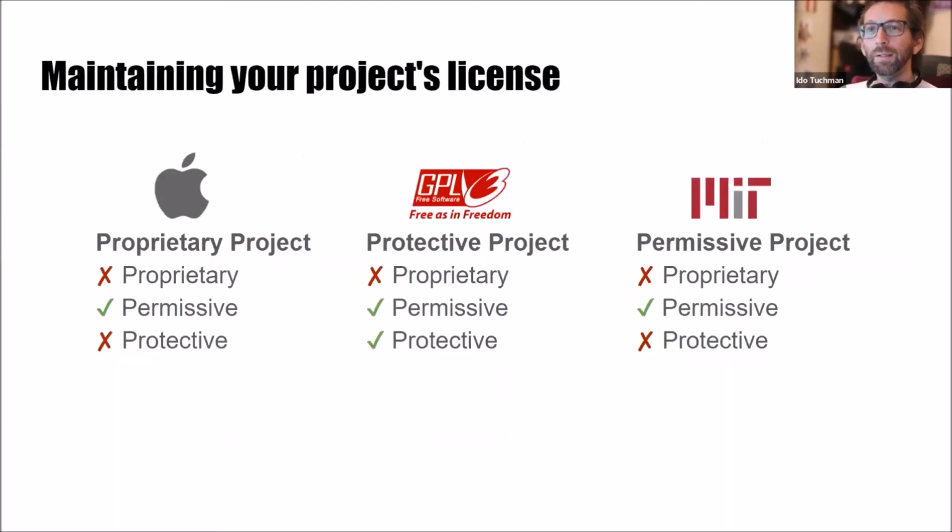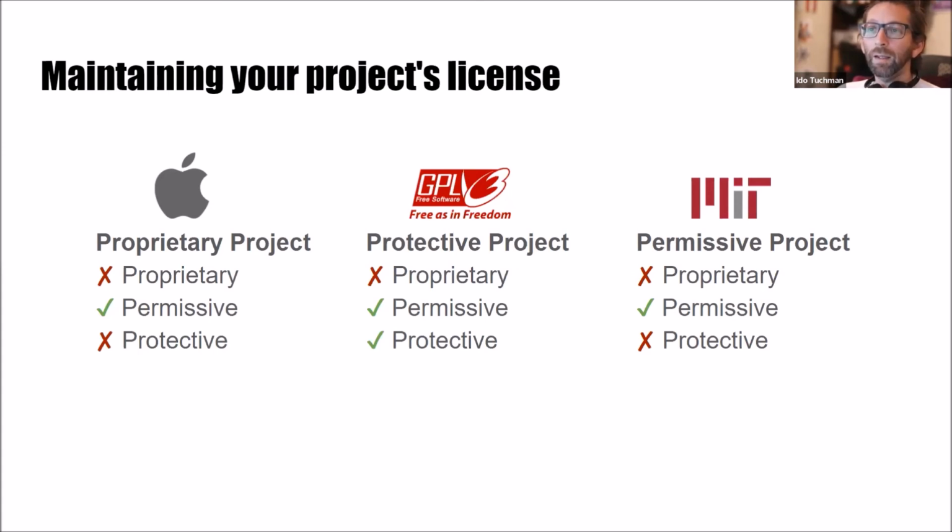If you wanted to maintain your product's license, then first, don't use proprietary code. If your project is proprietary, then generally you can use permissive licenses, but not protective licenses or copyleft licenses. If you want to maintain your project as under a protective license, then in general you can use both permissive and protective licensed code in your project.